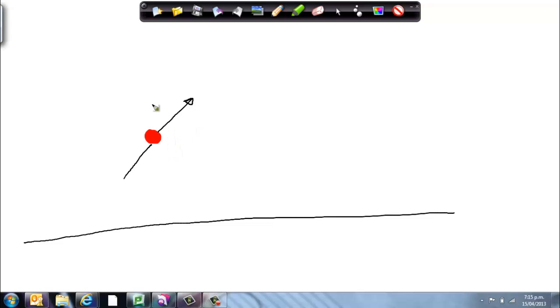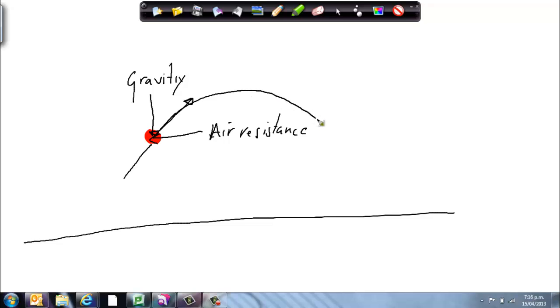The external force that we have here coming straight down is gravity. And acting against it that way is air resistance. These two forces combined create this parabolic effect. So as the ball goes around to here, we still have air resistance against it and also gravity.